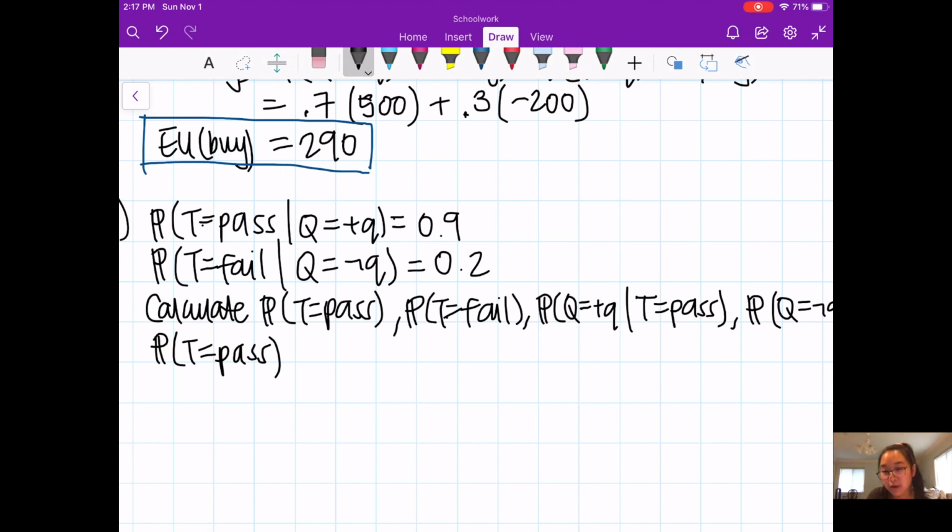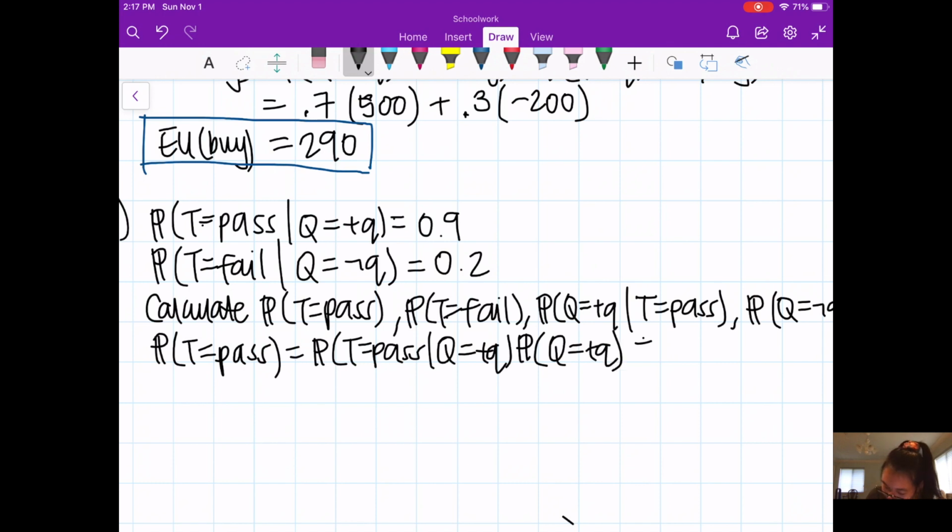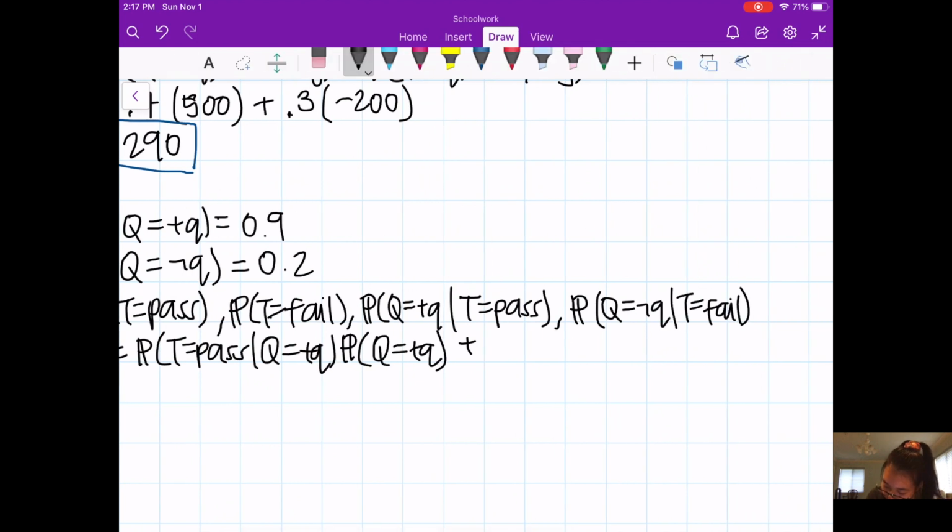So let's just start with the probability that the test is equal to pass. Here we can just directly use total probability and solve. So that would be equal to the probability of the test passing given that Q is positive times the probability that Q is positive, plus the probability of the test passing still, but given that Q is negative, times the probability that Q is negative. Cool.